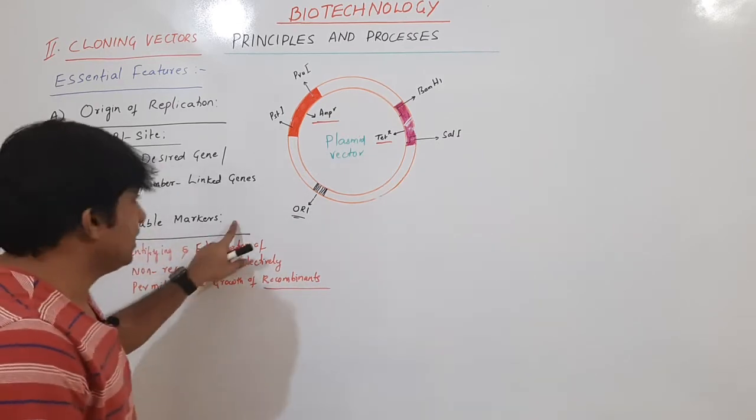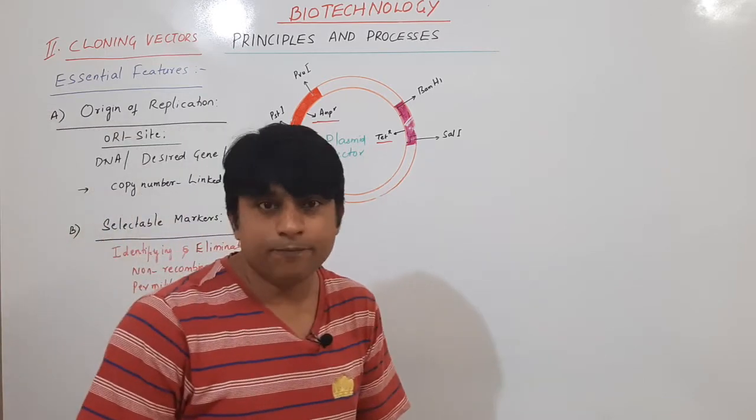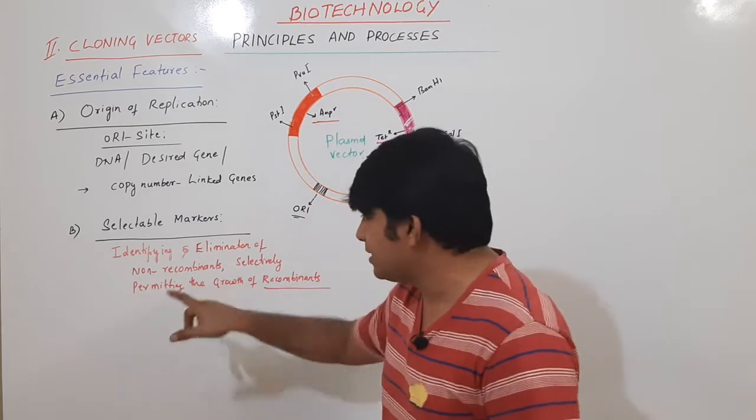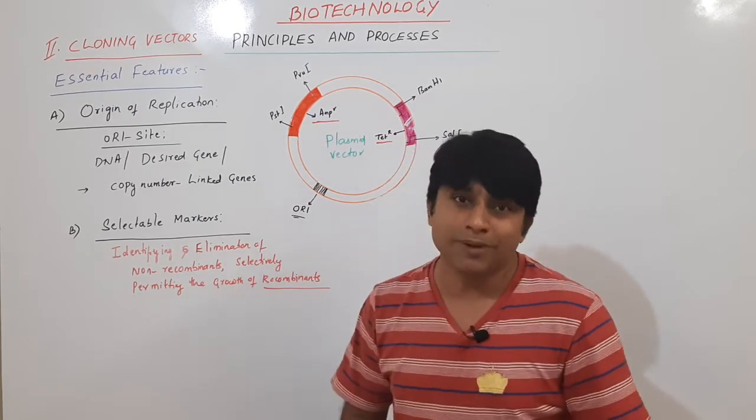So, selectable markers are those which help in identifying and eliminating the non-recombinants and selectively permitting the growth of recombinants.